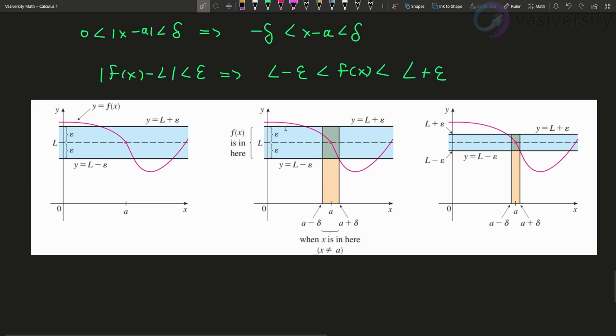We are the ones in control of epsilon. Epsilon will dictate our delta. Once we choose an epsilon, we can find a delta. The smaller the epsilon, the smaller the delta is. And we can essentially approach exactly that point. This is the point of the calculus.